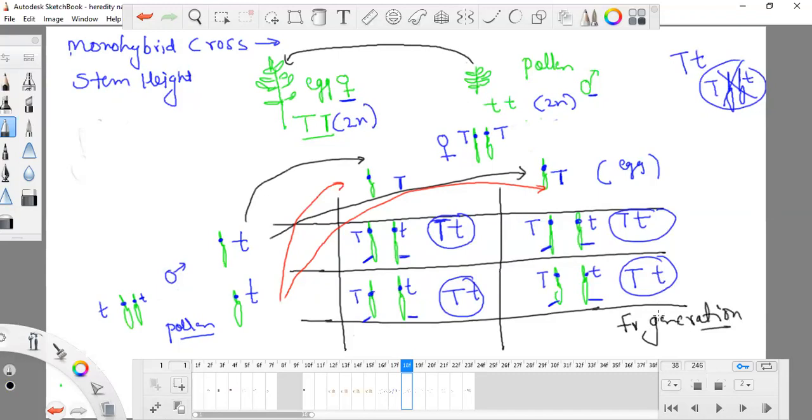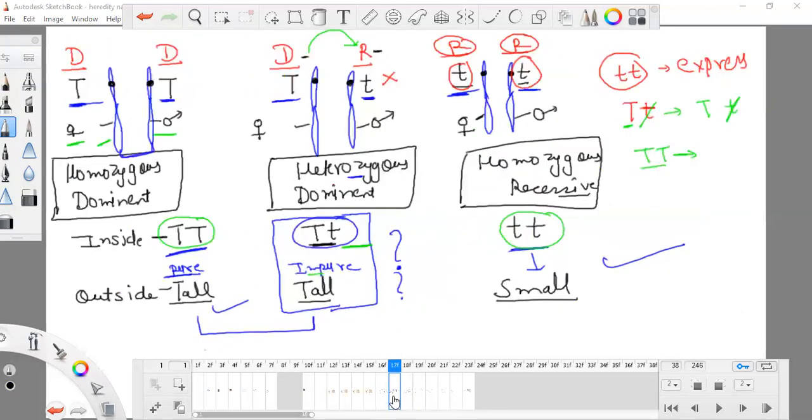This is Mendel's F1 generation. All four look alike: Tt, Tt, Tt, Tt. So they are actually heterozygous tall.